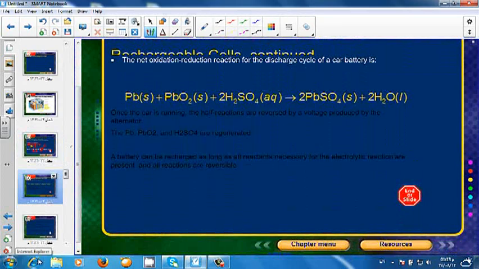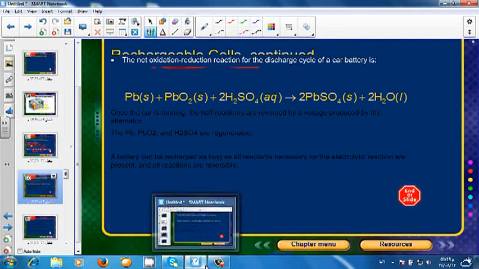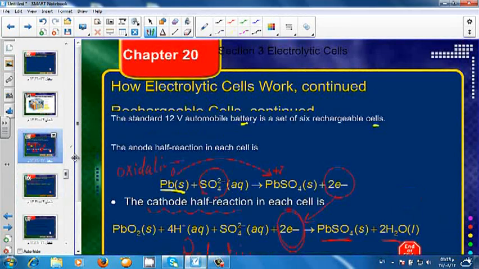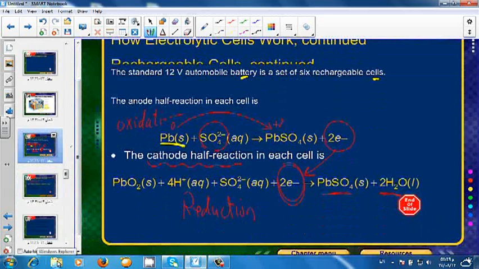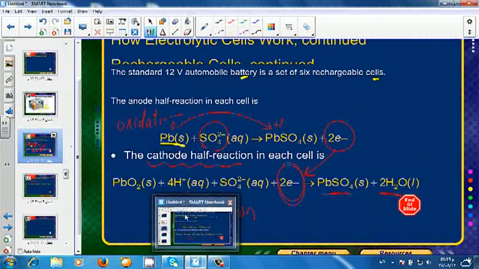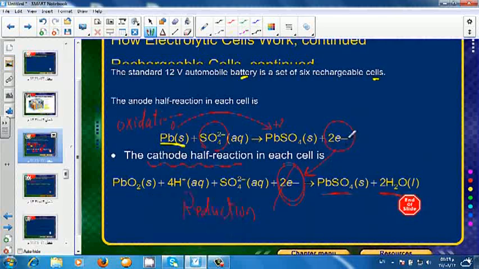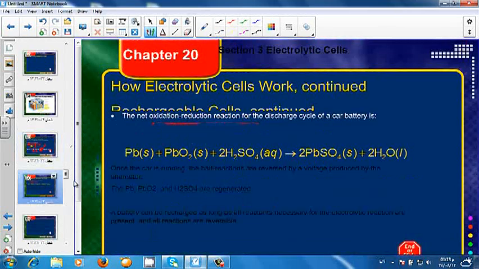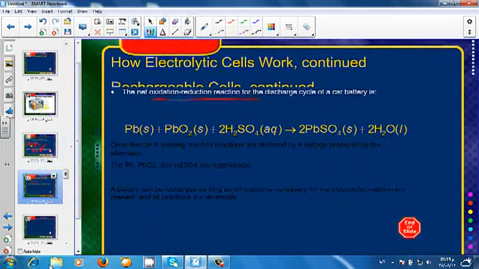Now, the net oxidation reduction reaction, or the redox reaction, we will combine both, back to the previous slide. When we combine the oxidation and reduction half reactions, we will cancel the 2 electrons together, and then we will write all of our reactants together and all of our products together in order to get the final net redox reaction.